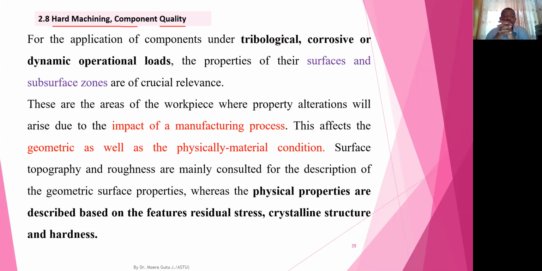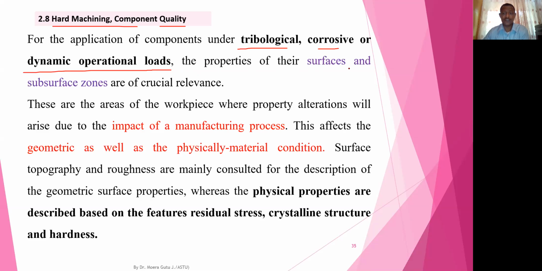For the application of components under tribological, corrosive, or dynamic operational loads, the machined surface is going to be applied in areas to avoid wear, which is tribological applications, and to avoid corrosion, either in a machine tool or any hand tools. They also have to withstand corrosive and dynamic operational loads, and can have a high load resistance.